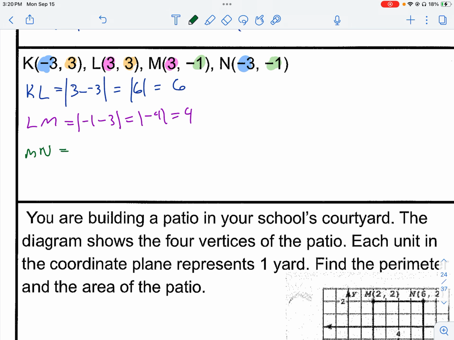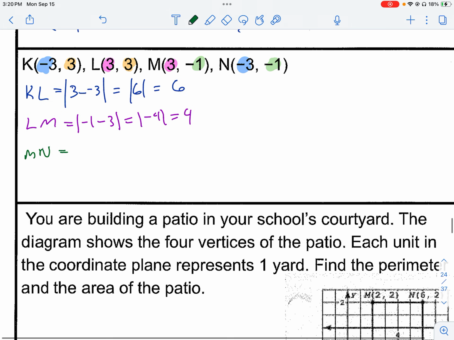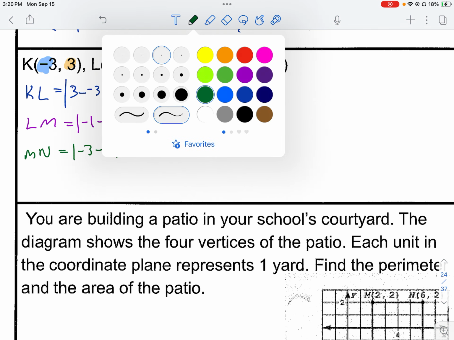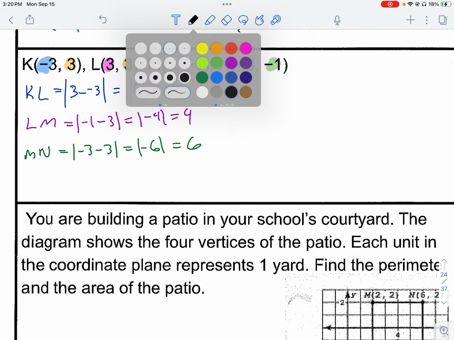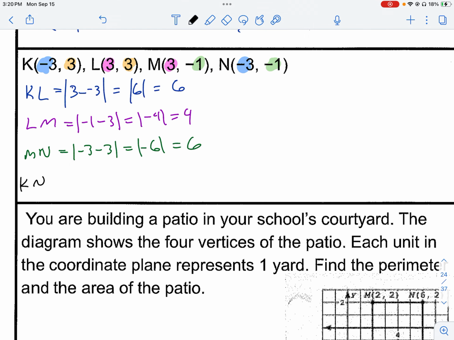All right, I'm sensing a pattern here. So -3 minus 3 is -6. And then KN, which is -1 minus 3.